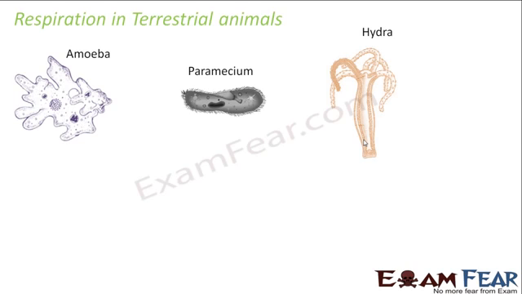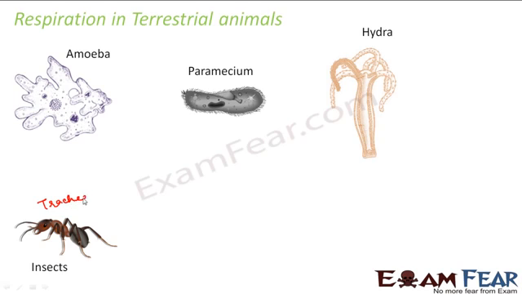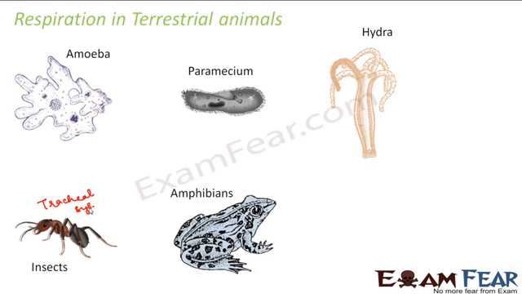Whereas some other organisms like insects, they have a tracheal system. What is tracheal system? It is basically a system of tubes. So some air tubes are present inside the body through which the respiration takes place. In case of amphibians, they have lungs as well as their skin.